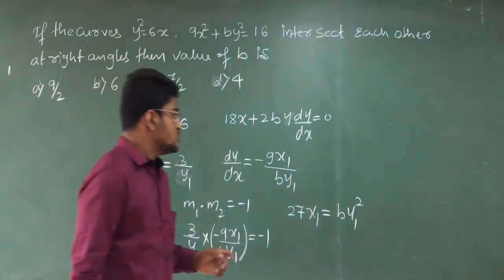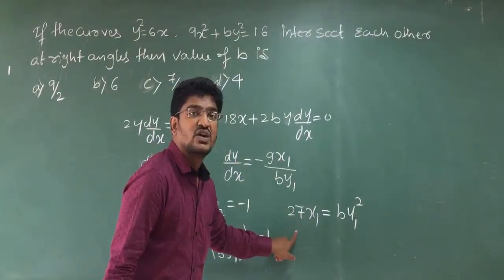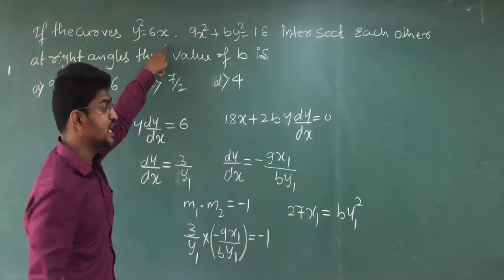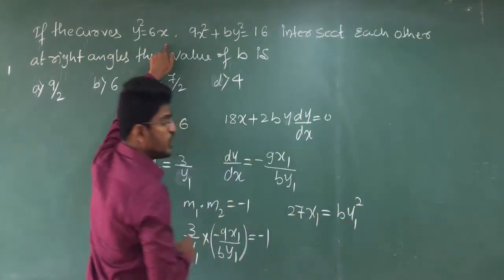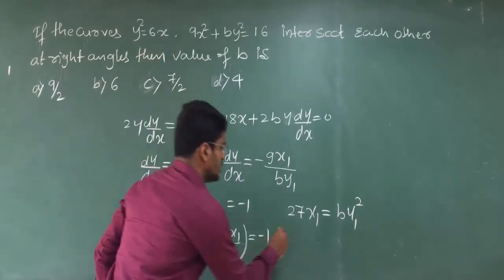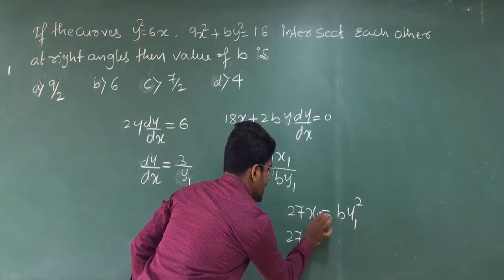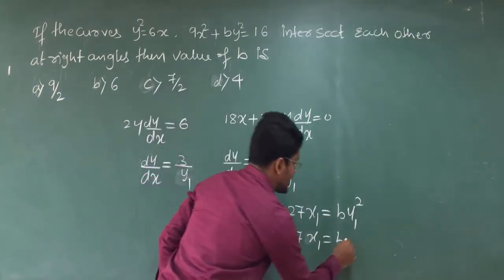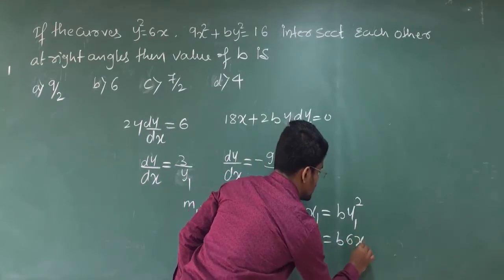Okay. So for this equation, I will take the help of y square equal to 6x. See, in the place of y1 square, what can you write? You can write 6x1. So that will be 27x1 equal to b into 6x1.